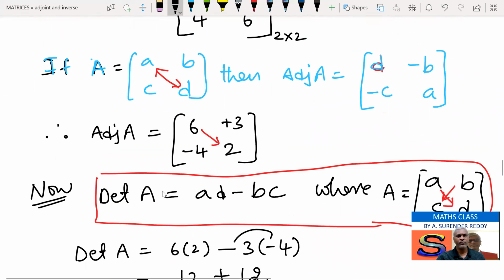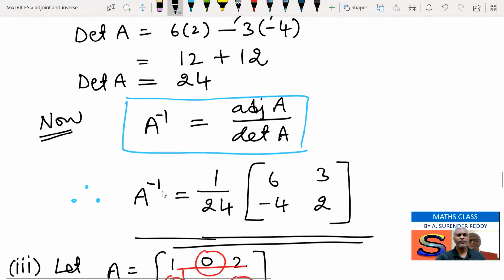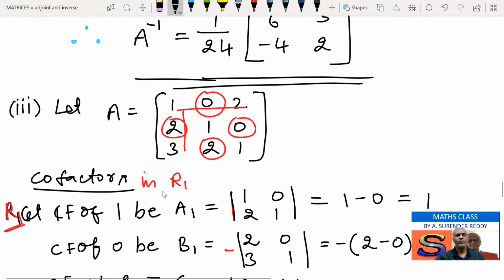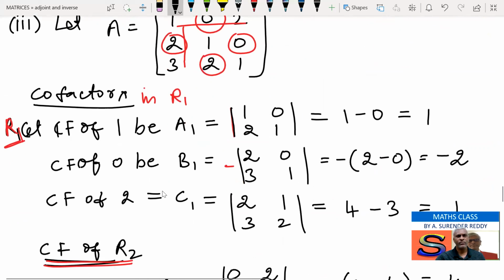It is very simple, and finding inverse of 3 by 3 you need to follow the steps. If you practice 1, 2, 3 problems, it will be very easy, familiar for you.